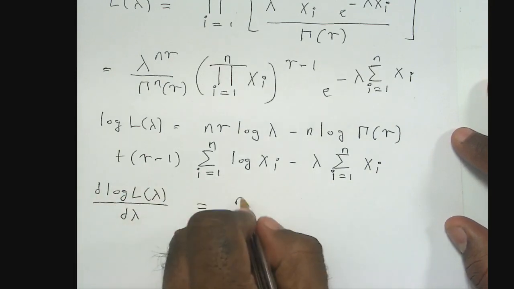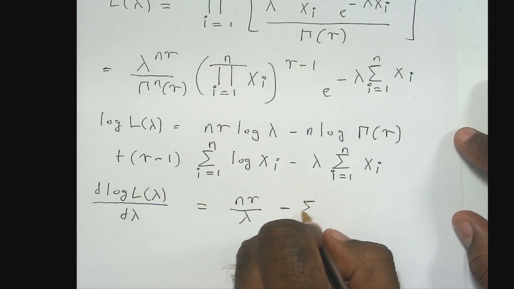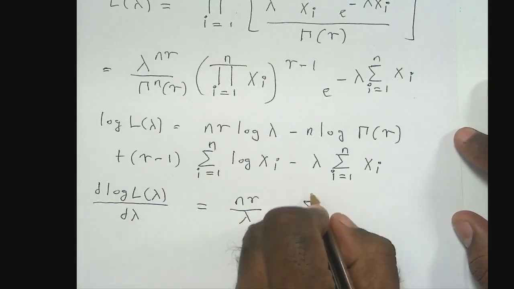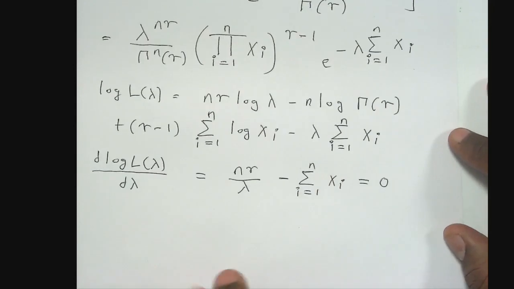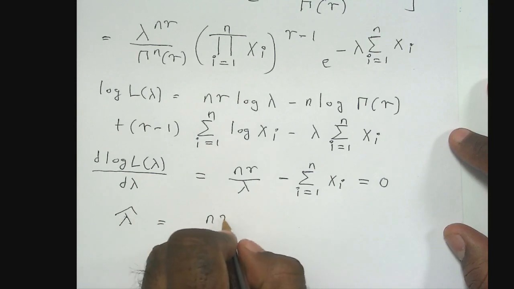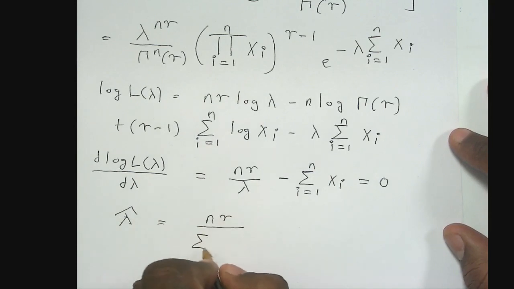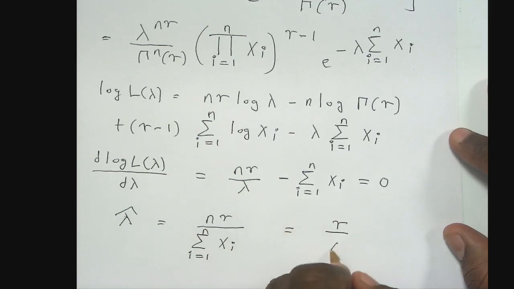So this becomes nr divided by lambda minus the sum of xi equal to 0. Set this to 0 and solve for lambda. You get lambda hat equal to nr divided by the sum of xi, which you can write as r divided by the sample mean.